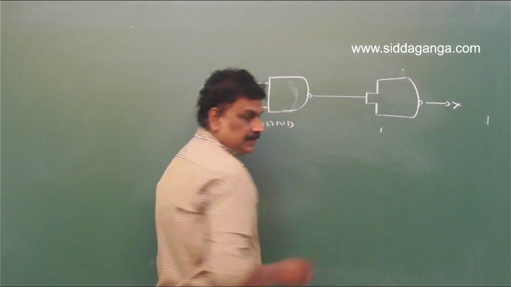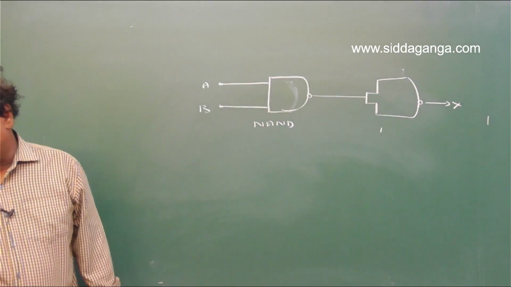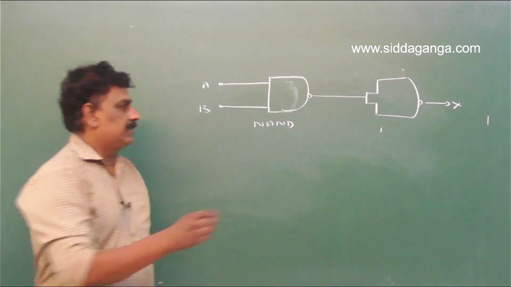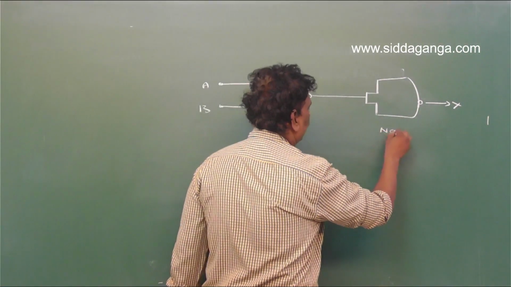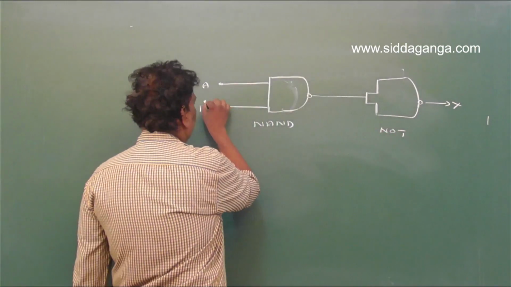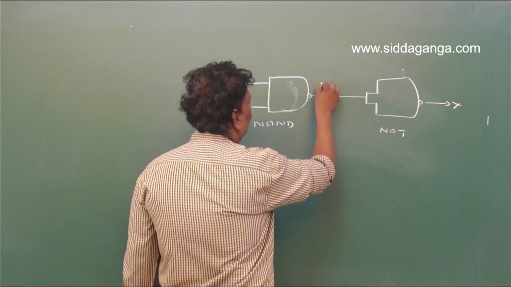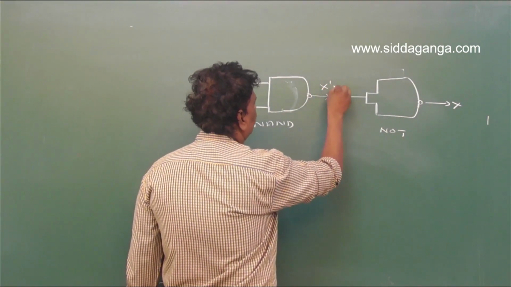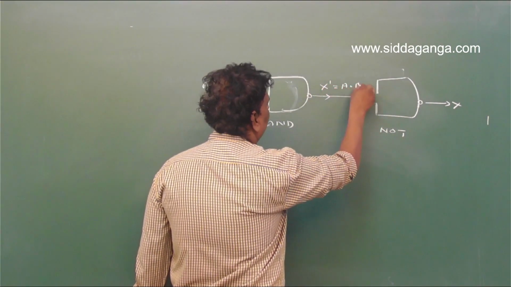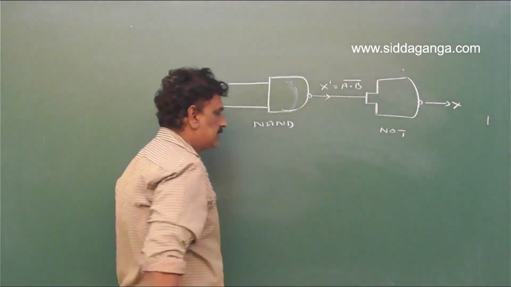Now this will become a NOT gate. So the inputs are A and B, therefore the output of this, X dash, is equal to A dot B inverse.